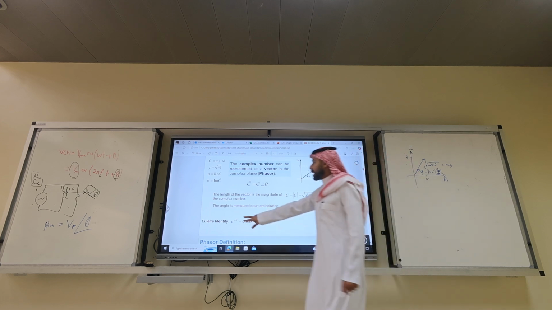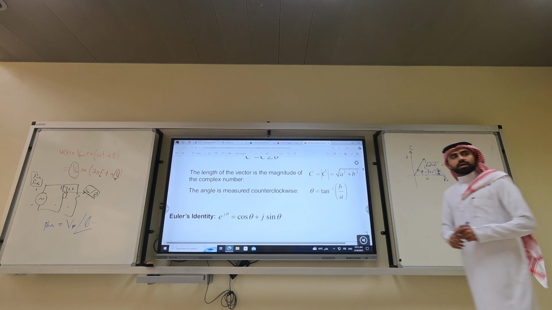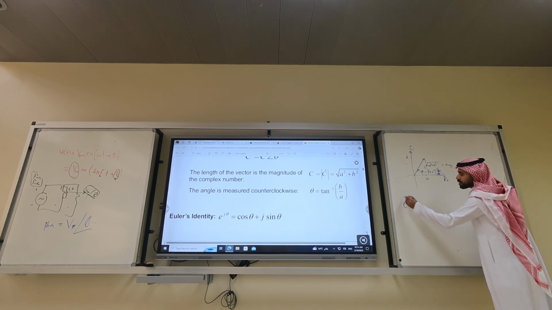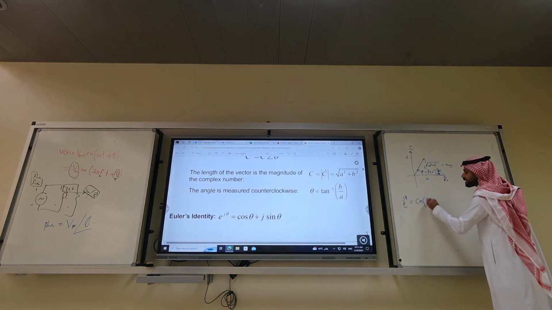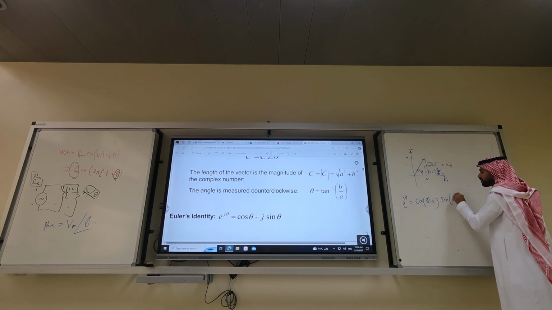Now there is a formula that we have to memorize, which is called Euler's identity, which states e to the power j theta is nothing but cosine of theta plus j sine of theta.